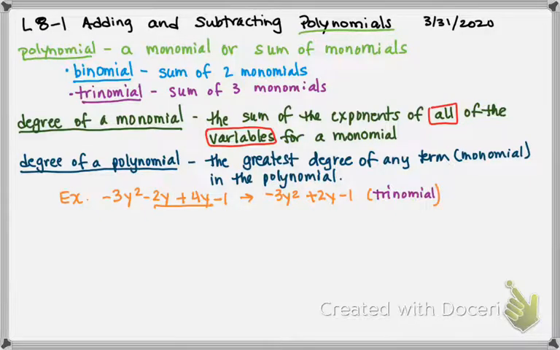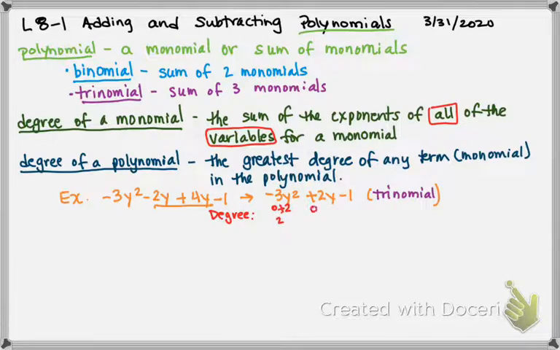Okay. So let's go ahead and look at the degrees, and we'll look at this version that's been simplified. So let's see, y squared, we only have one variable, so it has a degree of 2. We have none on the coefficient, and we have 2 on the y, so that's a degree of 2.